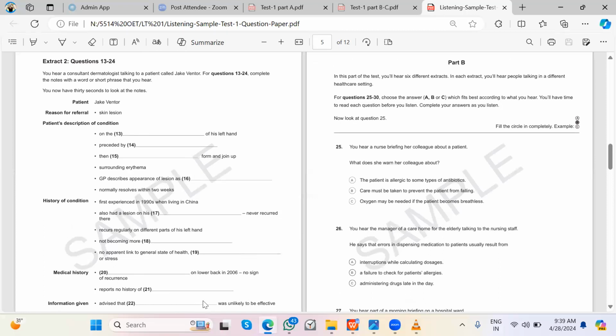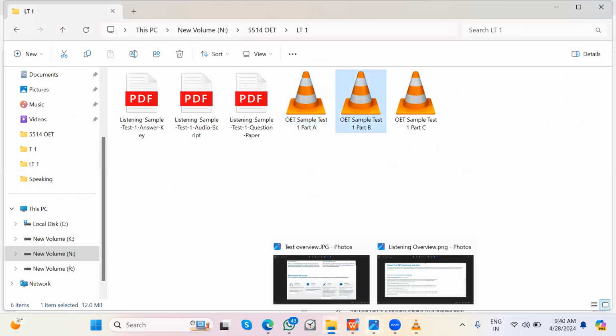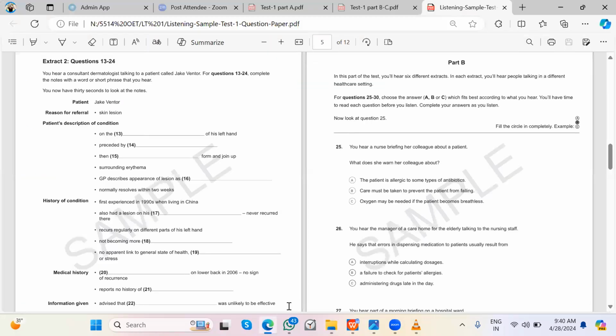So here's your part B. Part B. In this part of the test, you'll hear 6 different extracts. In each extract, you'll hear people talking in a different healthcare setting.